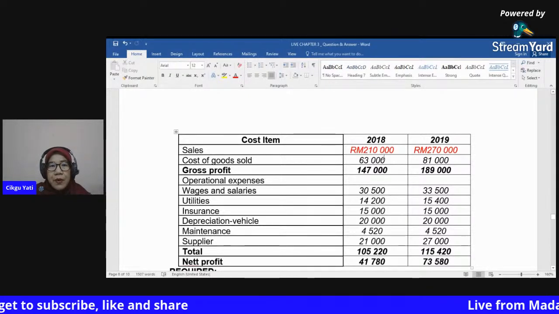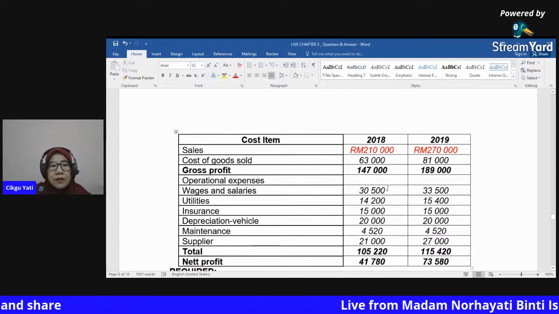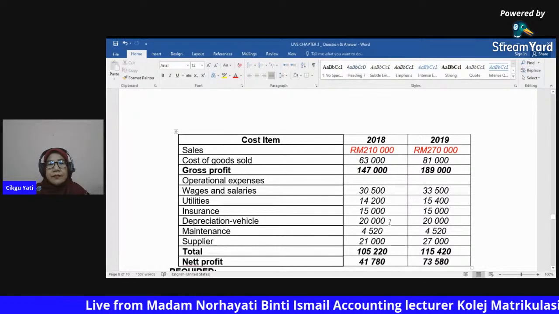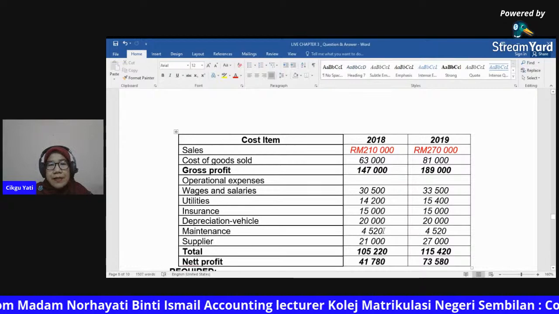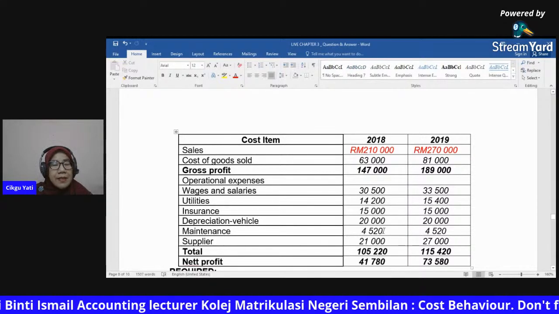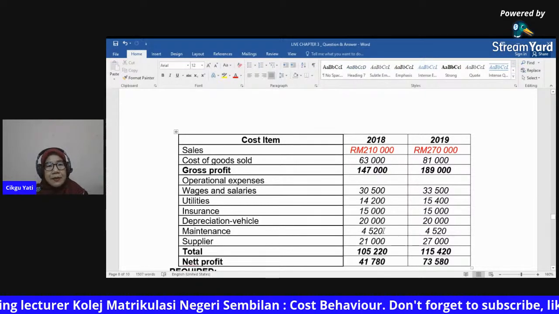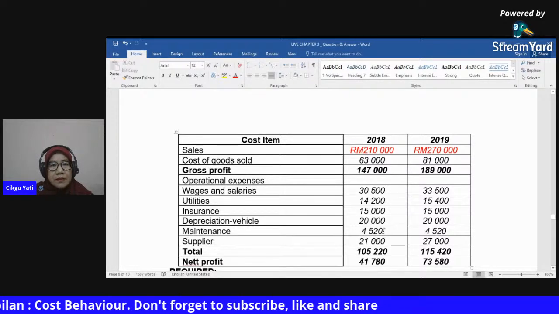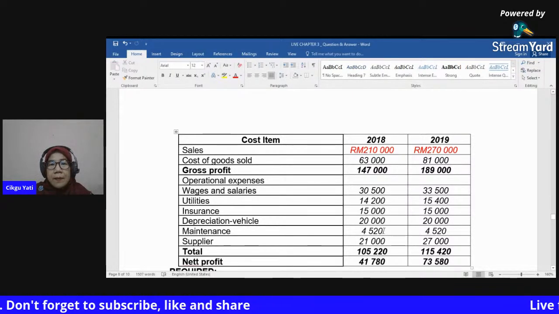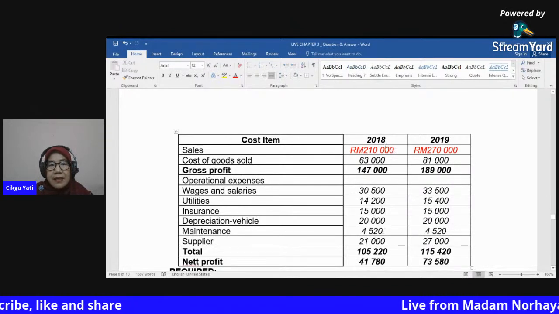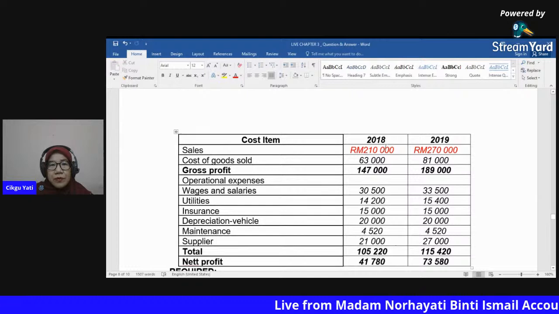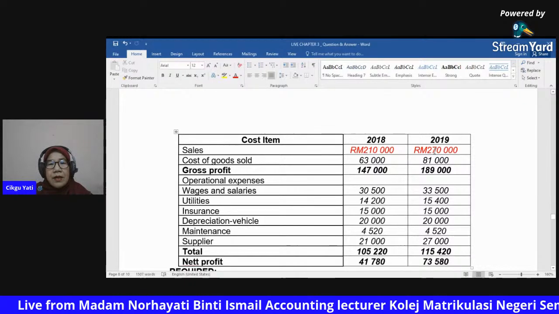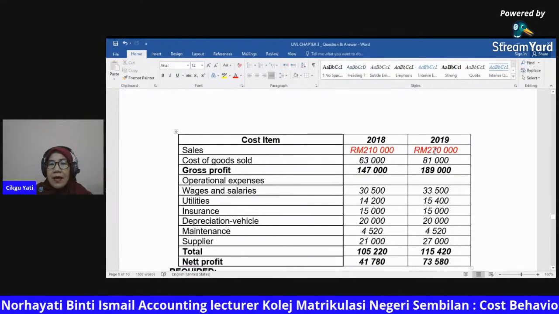This one represents cost of goods sold, wages and salaries, utilities, insurance, depreciation, and so on. From these cost items, you must classify each item as either variable cost, fixed cost, or mixed cost. So you can see that the sales increased from 210,000 in 2018 to 270,000. This one is in RM.